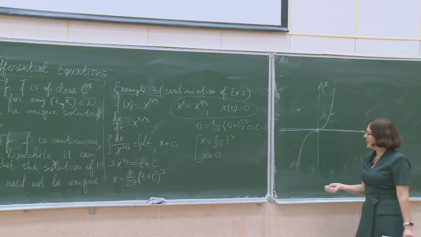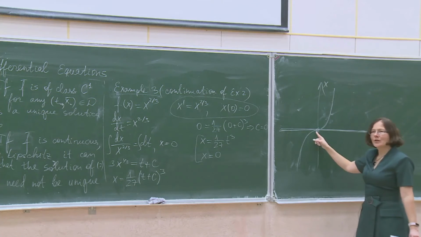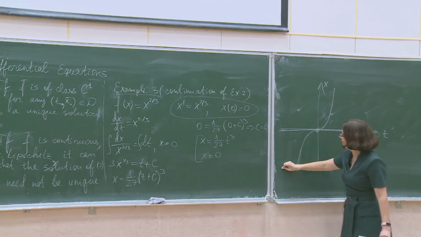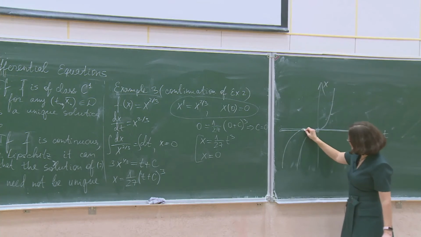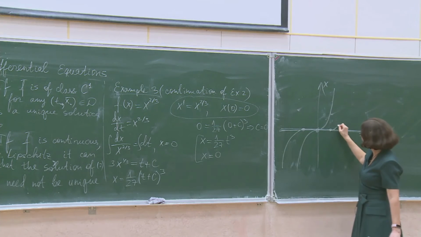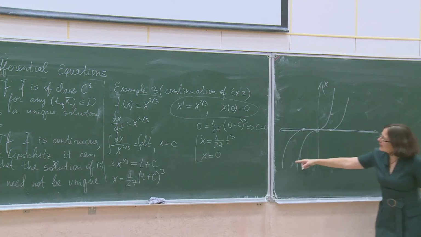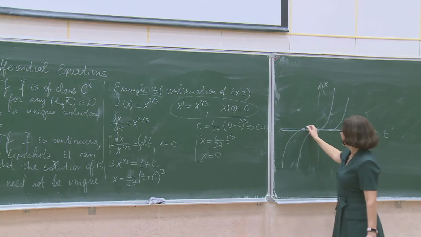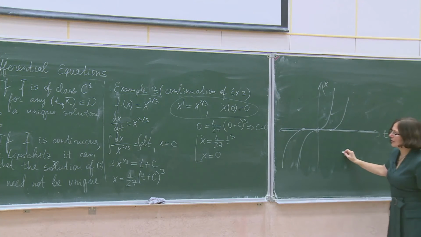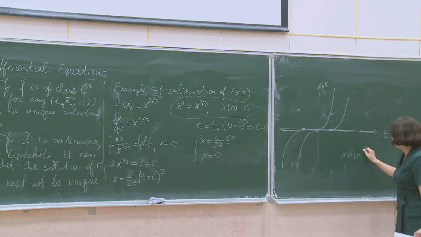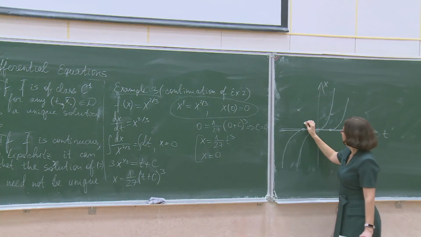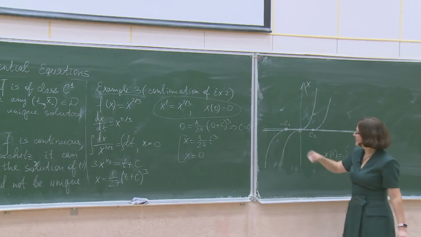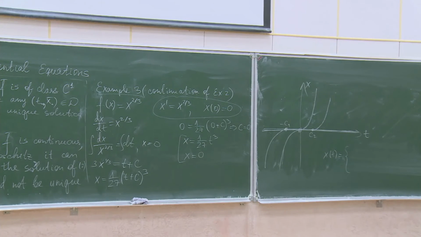But we can prove that there are infinitely many solutions going through this point, because we may start from here, next go this way and continue in this way. So this is also a solution for some values of c. Let c1 be positive, with the points minus c1 and c2.